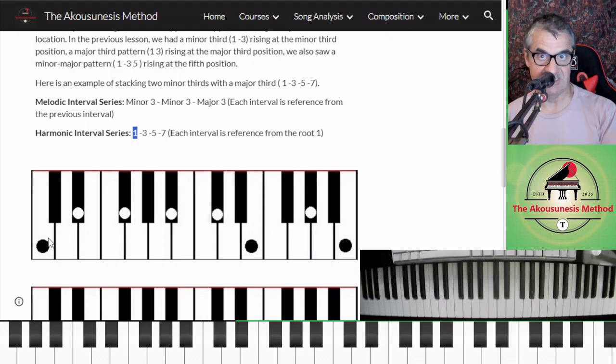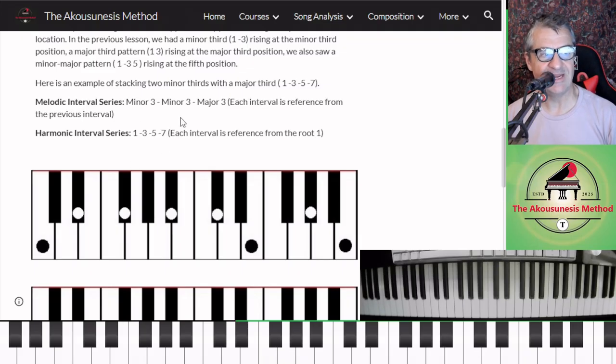But in this example, it does, right? So that minor third is referenced to the 1. The flat 5 is referenced to the 1. The flat 7, right, is referenced to the 1. Okay? And that's called a harmonic interval series. And that's what we're going to be learning and describing our melodies by, harmonic.